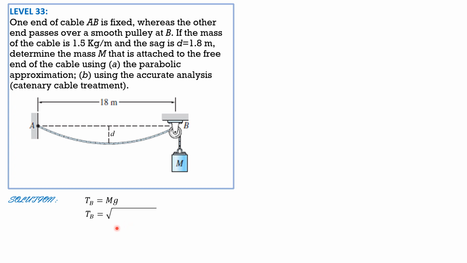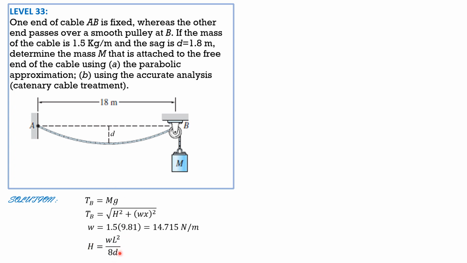So tension at B is the square root of big H squared plus WX squared, where W is 1.5 times 9.81, so 14.715 newtons per meter, and big H is WL squared over 8D. H times D, by the general cable theorem, is equal to the moment on the beam at the same point loaded with a uniformly distributed load, which is WL squared over 8.